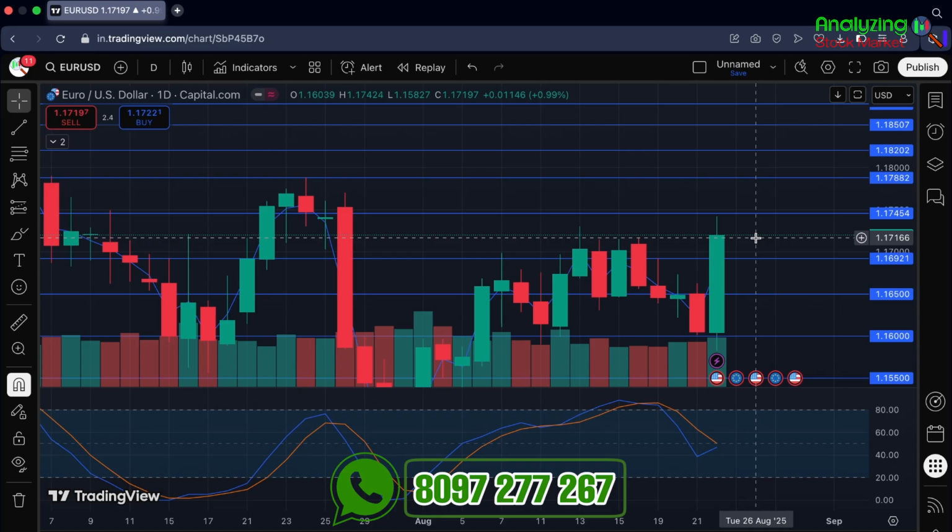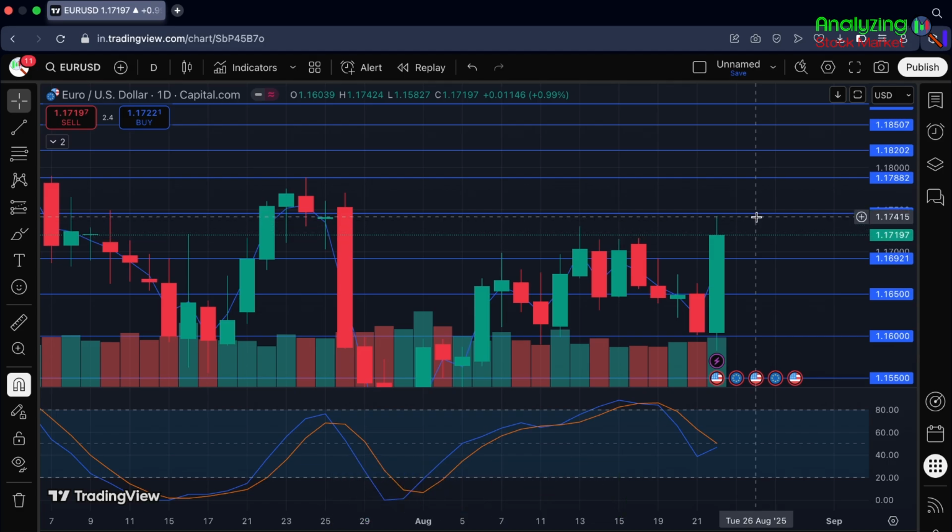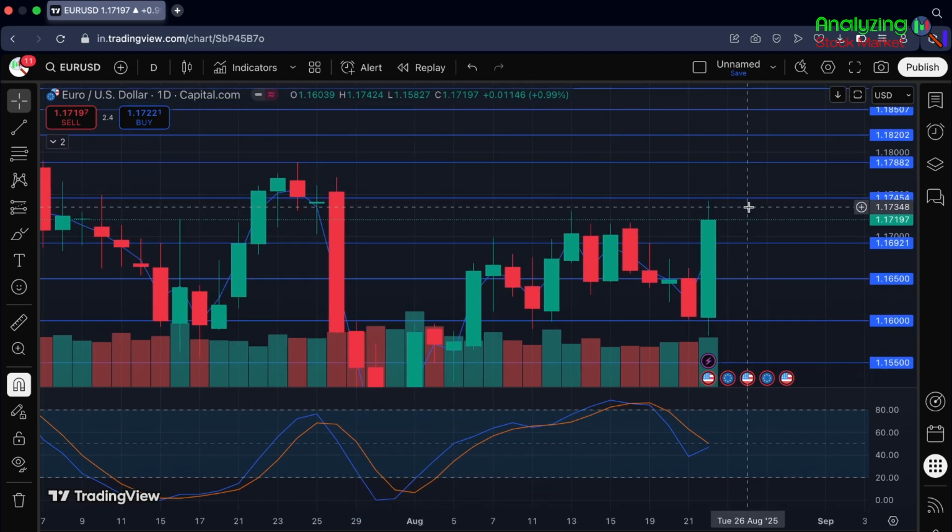Let's now talk about my opinion on Euro USD for the coming week. My expectation for this week is a bit negative. I'm expecting a negative move around 1.16150 to 1.16921. I'm expecting a move in this range, but you also have to consider if we see a breach or a move above the level 1.17454.